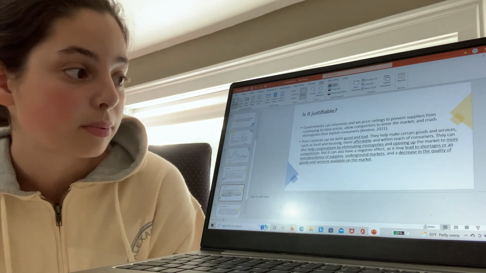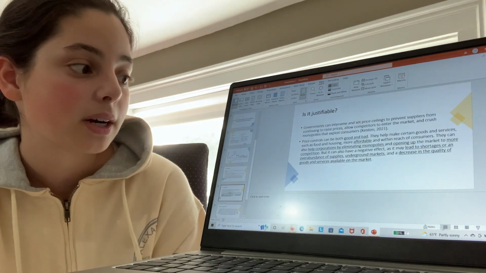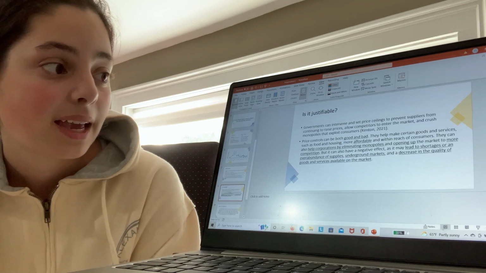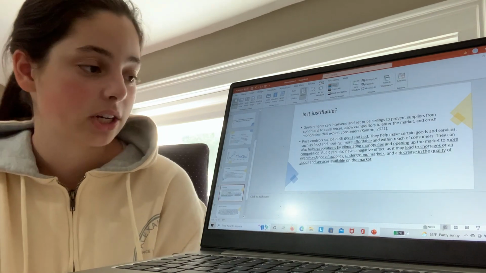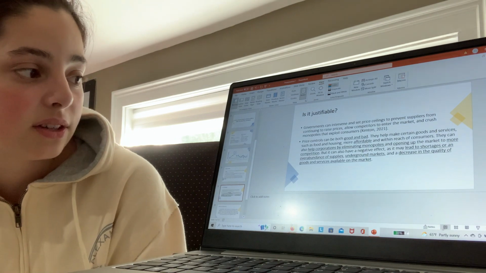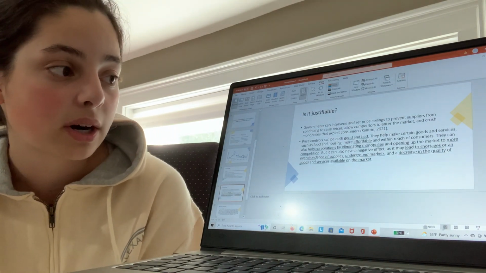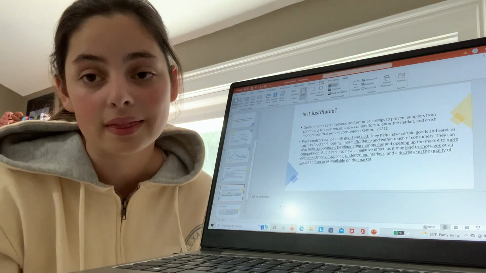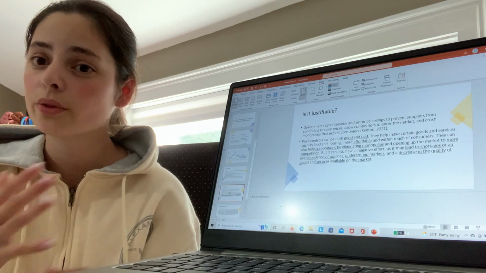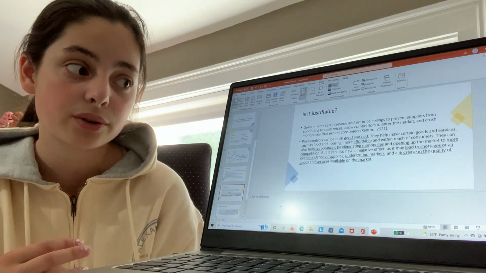They help corporations by eliminating monopolies, opening up markets to more competition, and it may lead to shortages. It may lead to an overabundance of supplies, underground markets, and a decrease in the quality of goods and services available in the market. So those are like the positives and the negatives to the price controls.